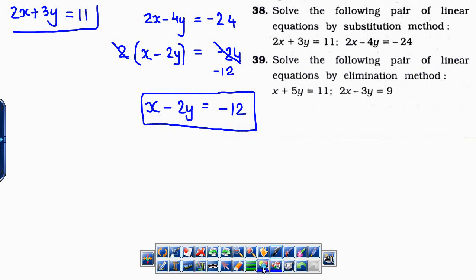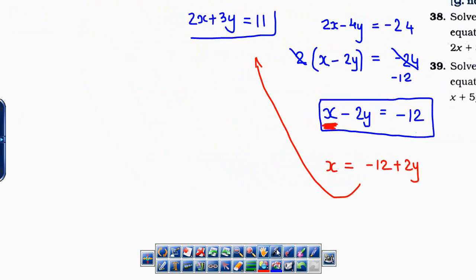And the tip which I had given you when we learned this method for the first time was: find a lone x or a lone y. That is a soft target. So this is a lone x. Therefore I will find the value of x to start the sum. x is equal to minus 12 plus 2y. And this value I'll substitute in this equation. 2x plus 3y is equal to 11, and the value of x is minus 12 plus 2y.